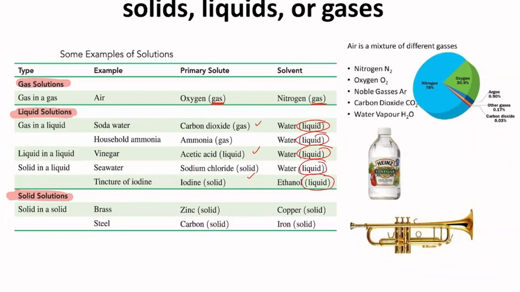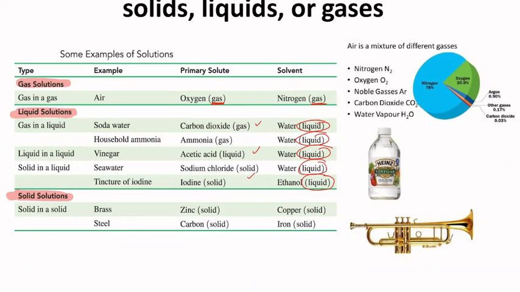For example, when you take any carbonated drink, that's because CO2 has been placed in that liquid. We can have a liquid-liquid solution. For example, vinegar is a compound called acetic acid, which is a carboxylic acid, placed in water. That's why you see the bottle of vinegar that I put as a picture on the right side.